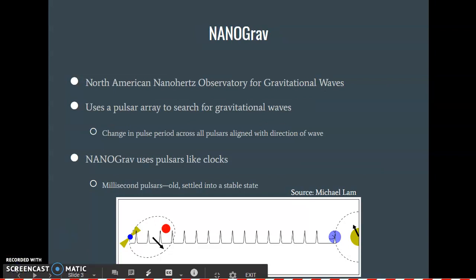And the North American Nanohertz Observatory for Gravitational Waves, or NANOGrav, is using an array of pulsars as clocks to search for gravitational waves.